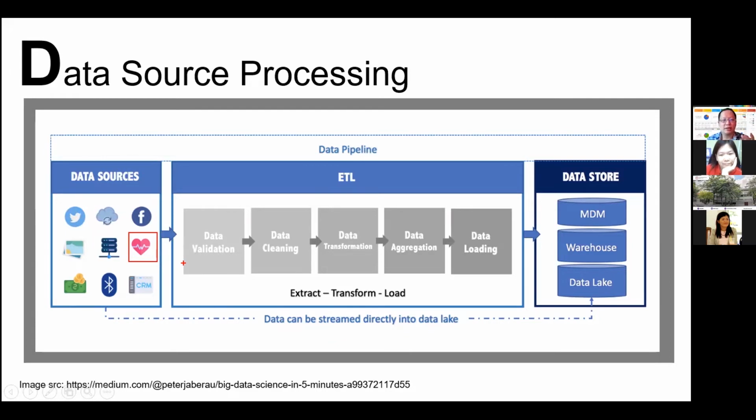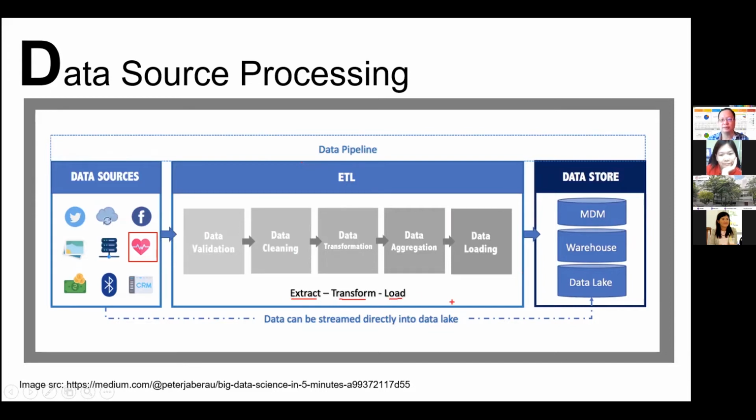Okay, and those data will be combined, cleansed, and transformed into data that we can process easily. Usually this data is stored in a database in a structured format. So we have unstructured or structured data, and we pass it to a process called ETL, which is extract, transform, and load.